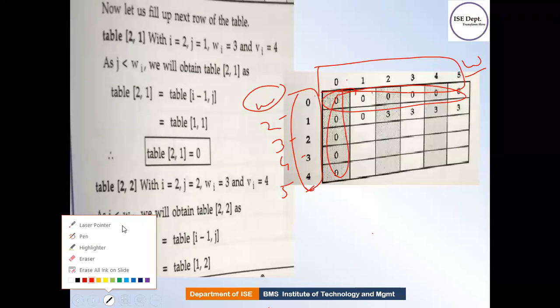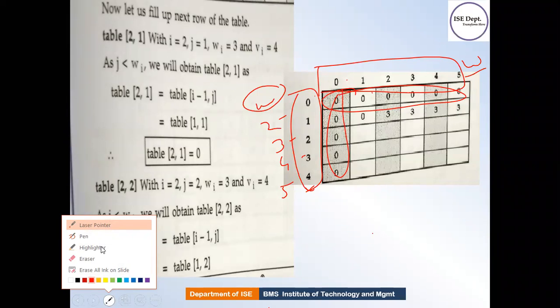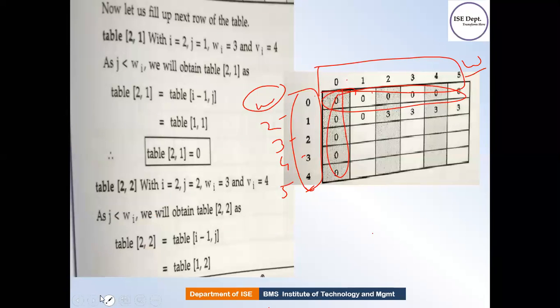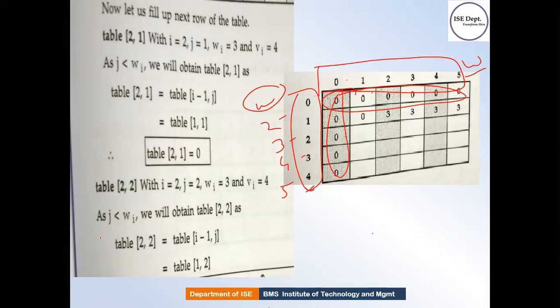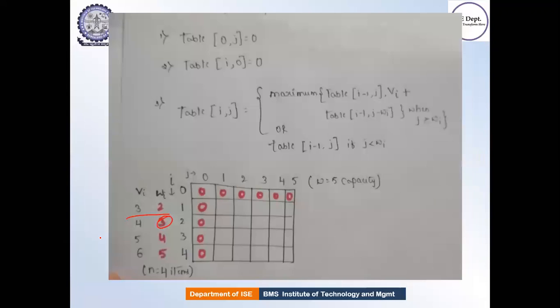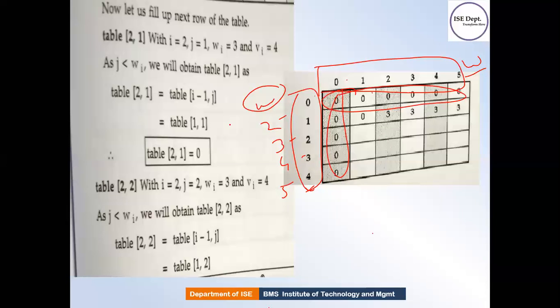When can you select 2? That is the next question. Meanwhile, I'll write down the values also: 3, 4, 5, 6, right? The values are 3, 4, 5, 6.